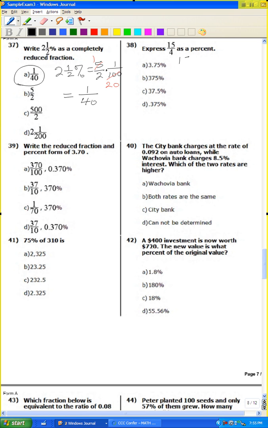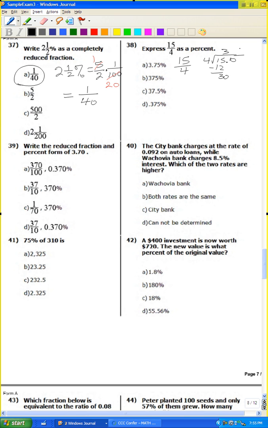Express 15 over 4 as a percent. Well, recall that percent just means to, actually, let's do this. Let's take 4 and divide it by 15. That's a 12. 15 minus 12 is 3.